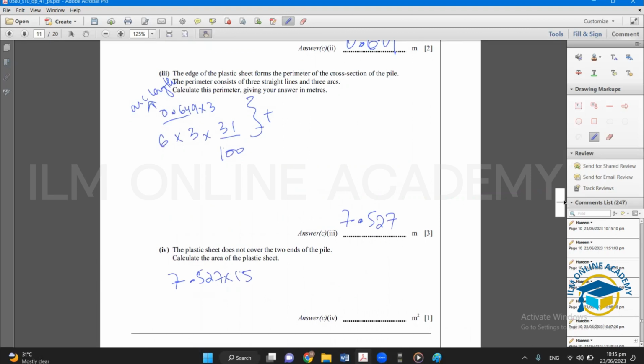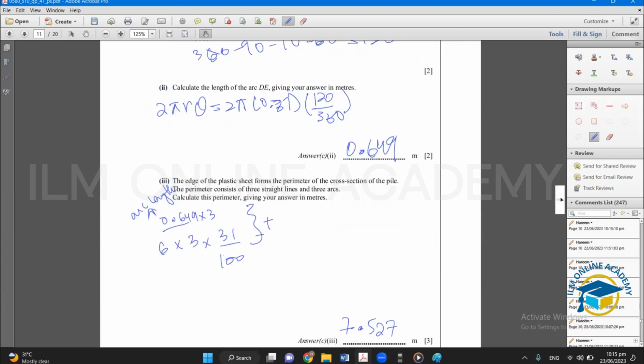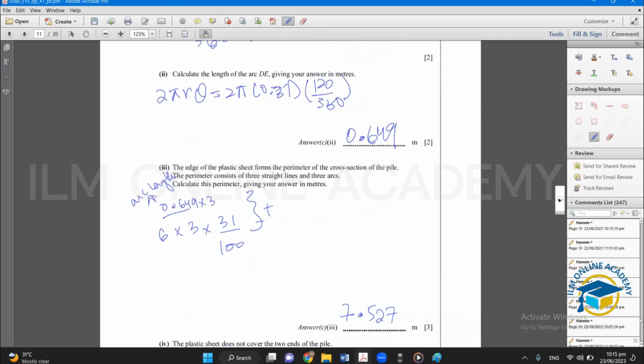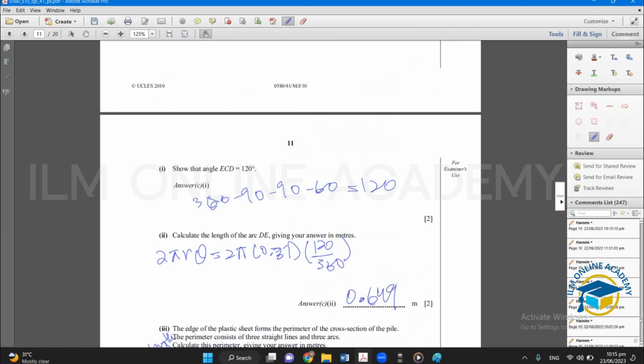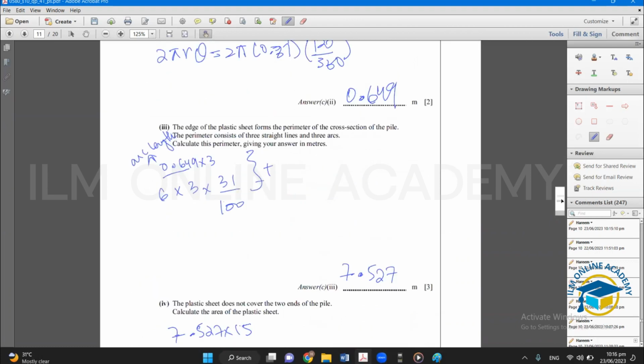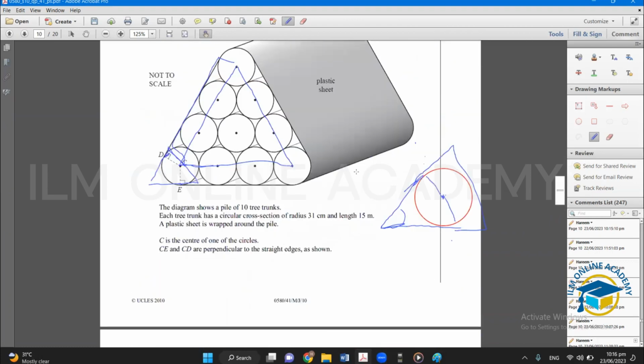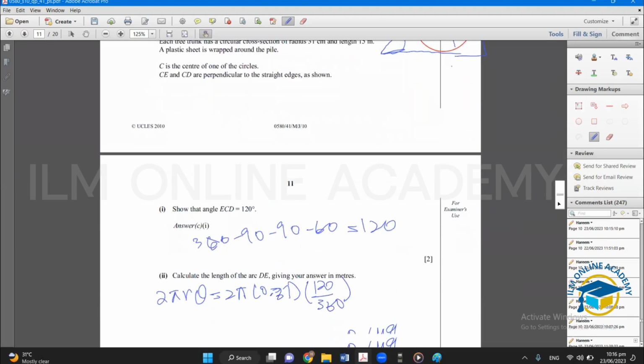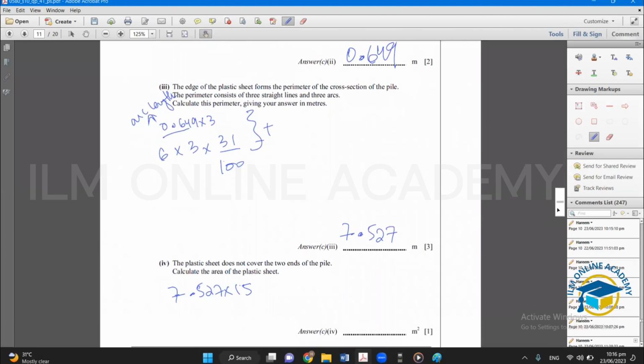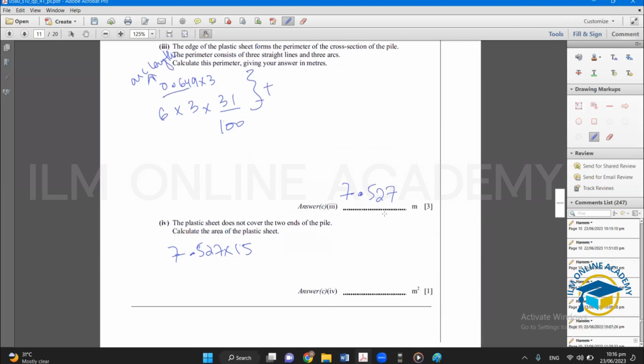Now, we have to find out the area of the plastic sheet. So 7.527 is the whole thing. Okay, and the 15 is the length, right? So simple, we have to find the area of the plastic sheet, so we just multiply both. 7.527 multiplied by 15. I don't know the exact answer.